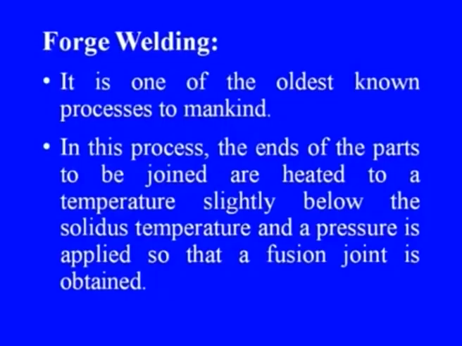Let us discuss some other welding processes. First of all, the forge welding process. It is one of the oldest known processes to mankind. In this process, the ends of the parts to be joined are heated to a temperature slightly below the solidus temperature and a pressure is applied, so that a fusion joint is obtained.